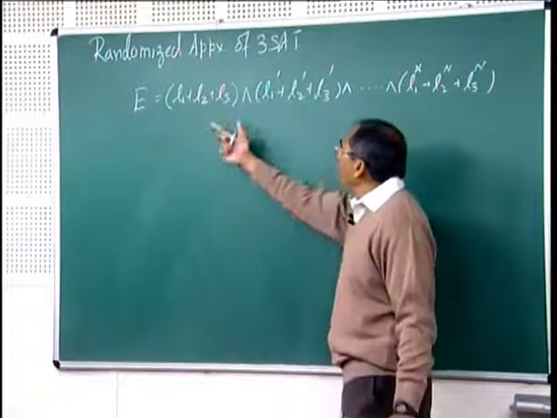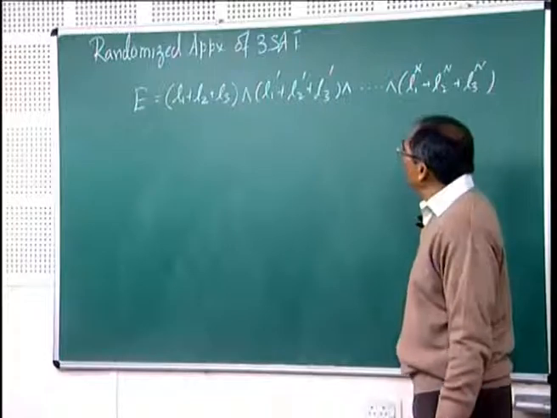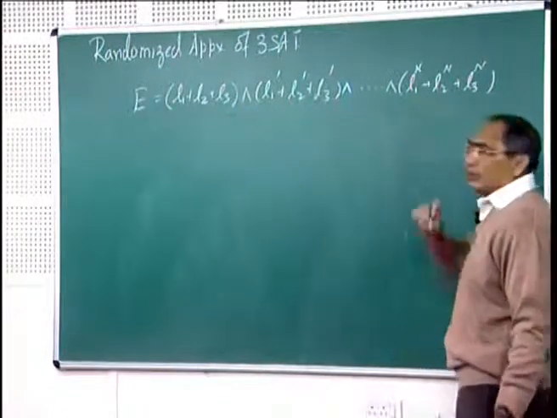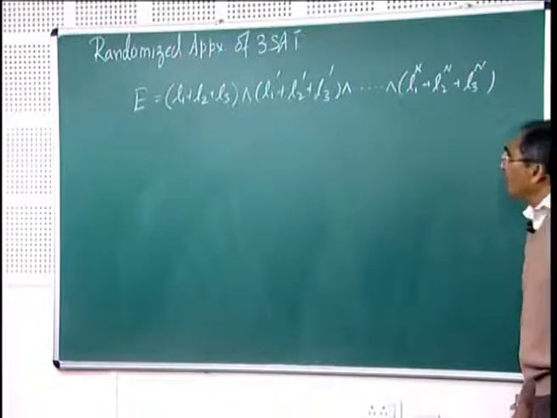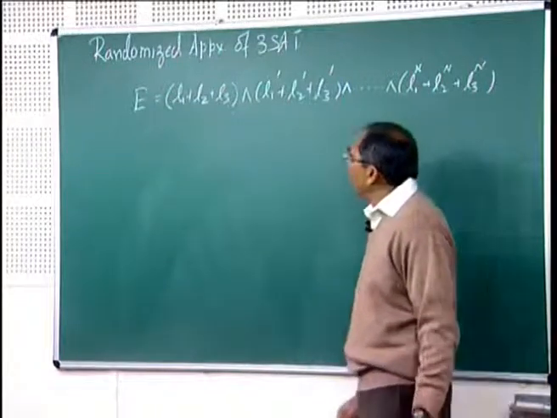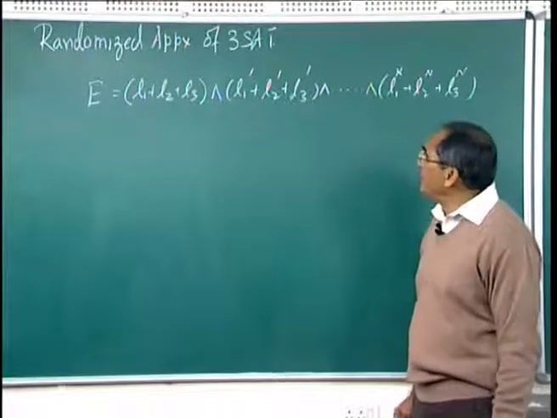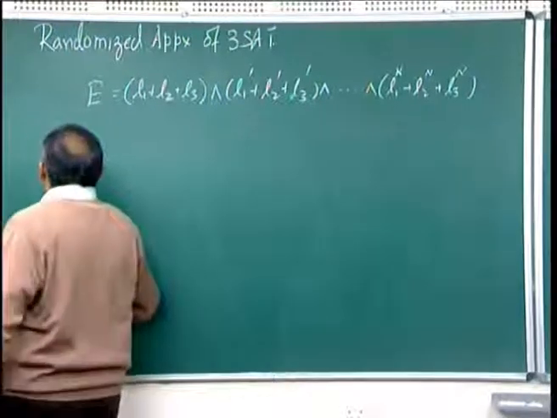We want to compute an assignment of the variables which satisfies the maximum number of clauses. Obviously, that will solve 3 SAT, but we are going to approximate that. I am going to show that a very trivial random assignment will satisfy a very large number of clauses.